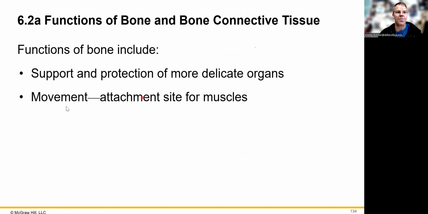It also allows for movement. We have muscle attached to the outsides of our bones, and it is tendons that attach muscle to bone. Remember, muscle tissue is designed to contract and produce movement, so when it contracts, it can move our skeletal bones.